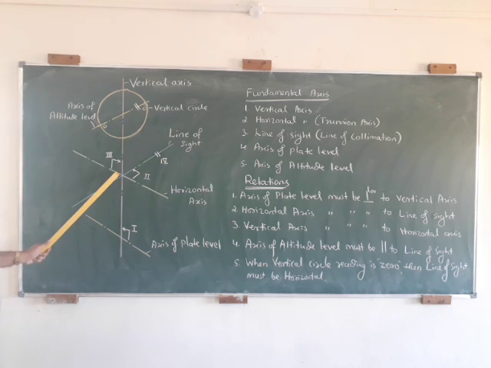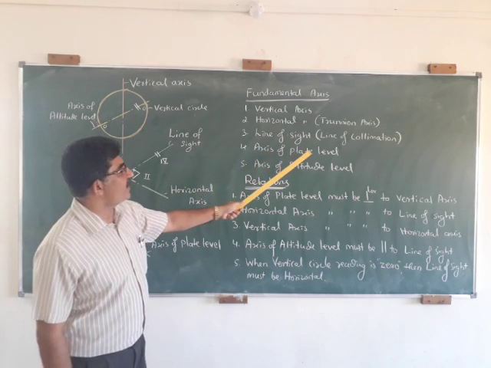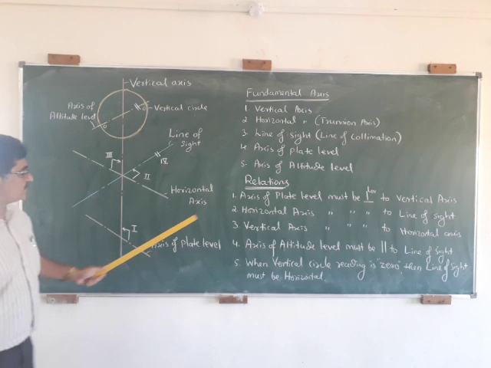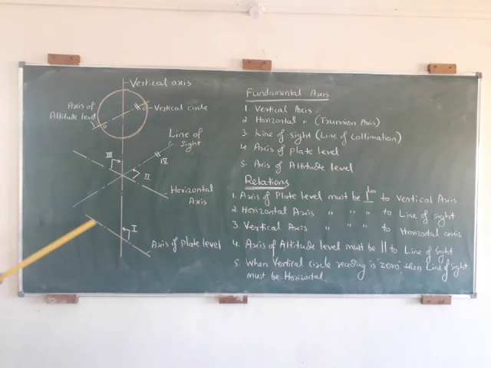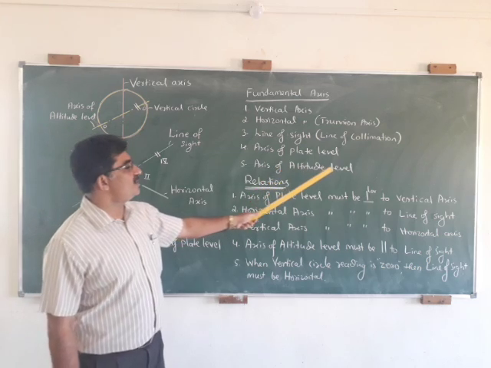So here at this intersection point, the vertical axis, horizontal axis and line of sight are coinciding with each other. Then the fourth one is the axis of plate level. So this is the plate level axis. And the last one is the axis of altitude level.